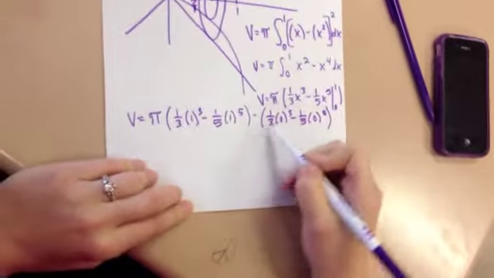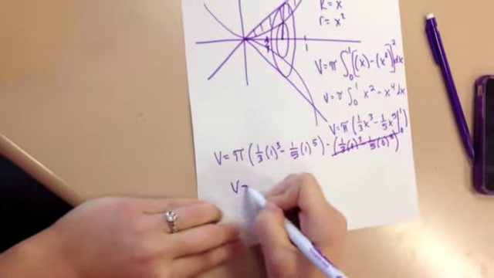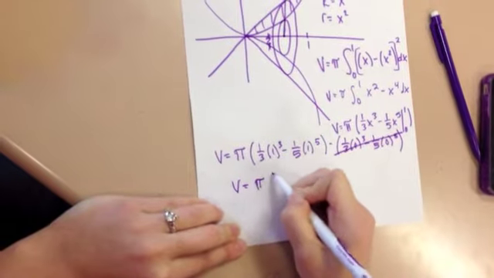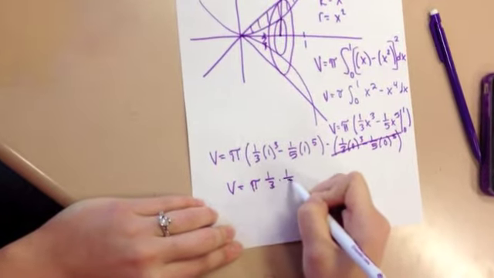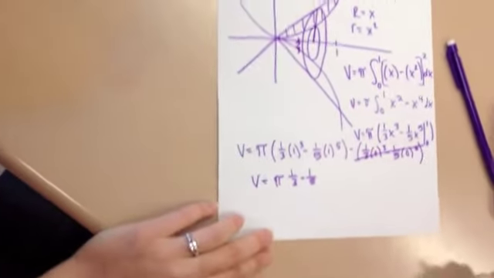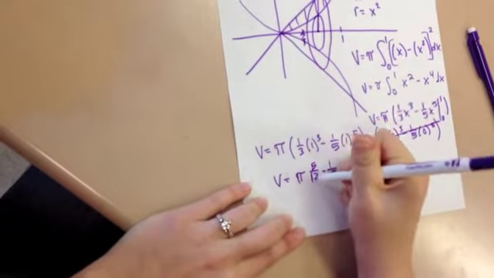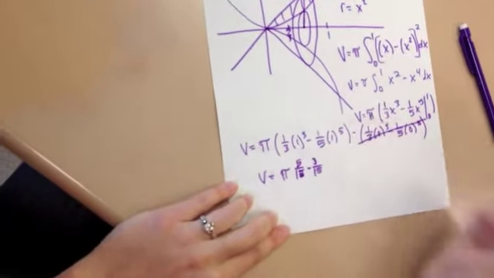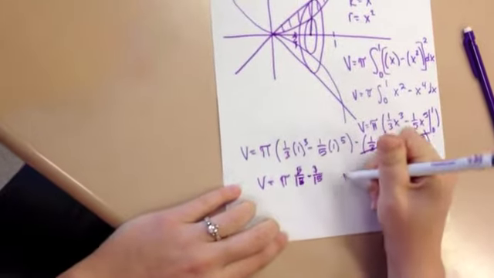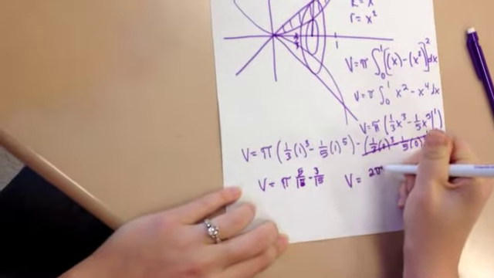All of this cancels because they all go to 0. And this is just pi times 1/3 minus 1/5. Okay, so then you have to simplify the fractions. That's 5/15, and that's 3/15. So volume is equal to 2 pi over 15, right?